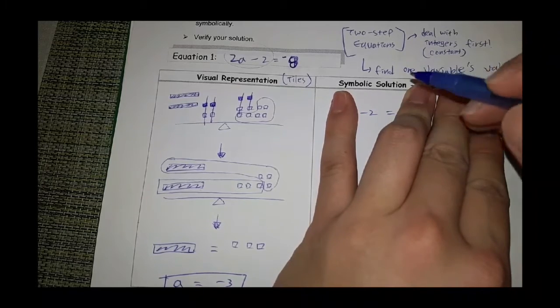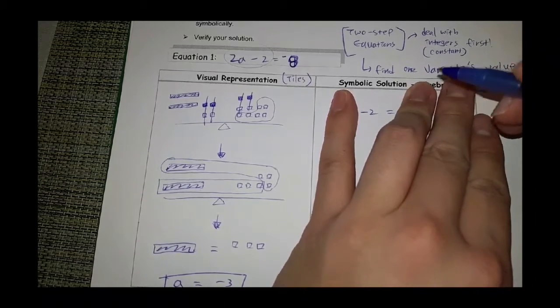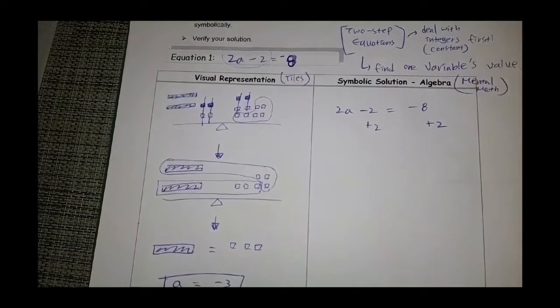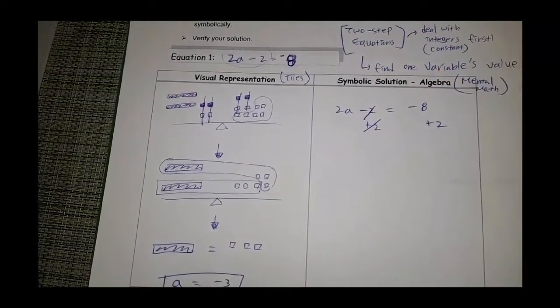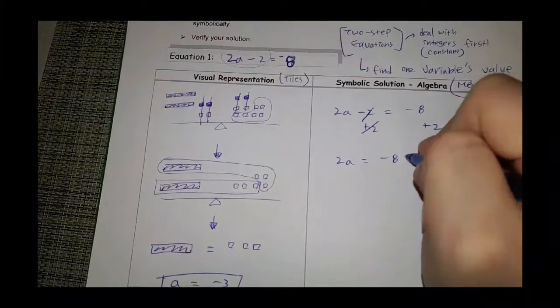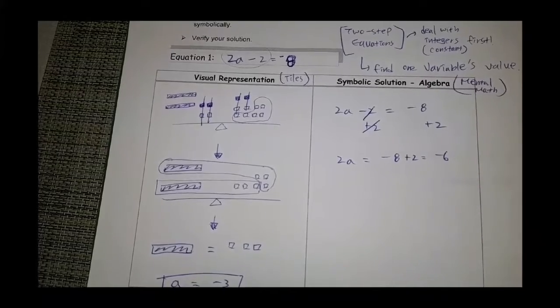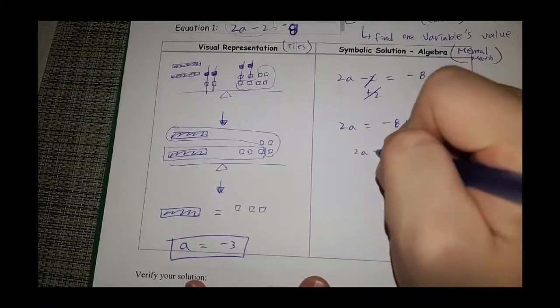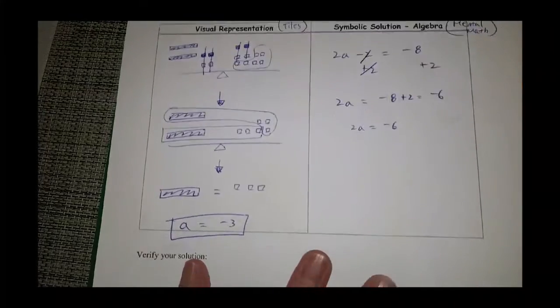We need to introduce something opposite of minus 2, which means plus 2. Like that. From that situation, the negative 2 part will be gone, so 2a is equal to negative 8 plus 2, which is negative 6. Simplify and rewrite it: 2a is equal to negative 6.